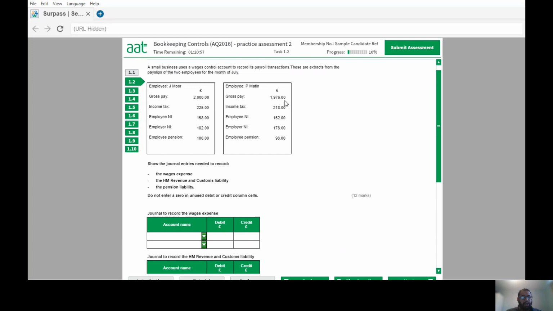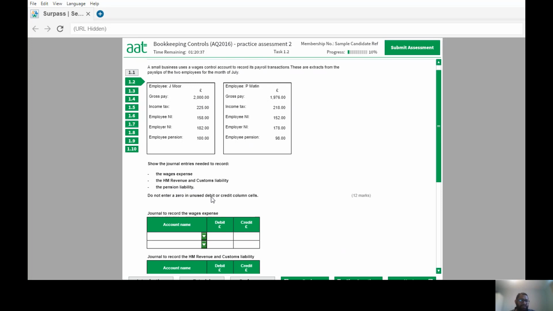So we have gross pay and all that information here. What we now have to do is find out what your wages expense will be. They want you to know the HMRC liability, and they also want the pension liability. They don't want how much you got paid. It's not something they worry about now. They only want to know your total wages expense.